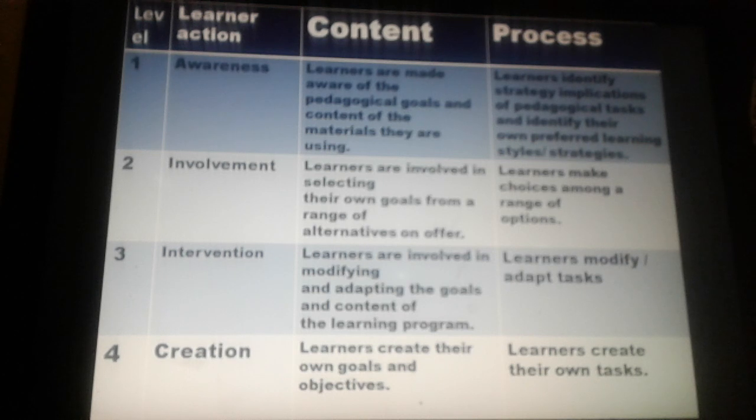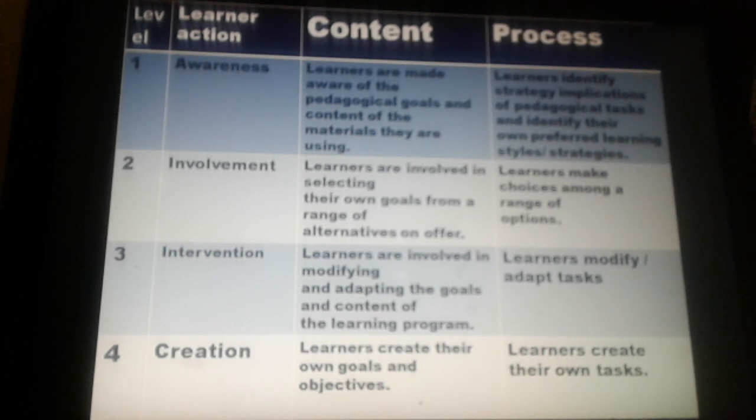So what we understand from this is that the teacher should inform the students about the objective and the goal of the lesson. Also inform them about the strategy and the materials he or she will use during the classroom and why he chose these strategies or techniques. So they should be aware of the whole learning process.